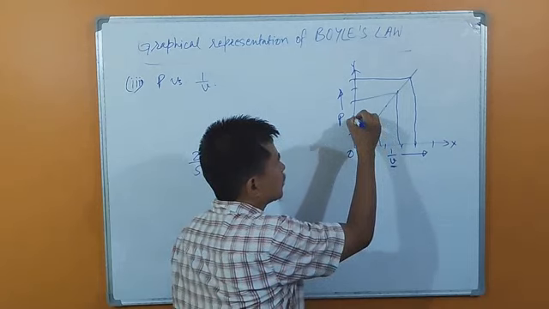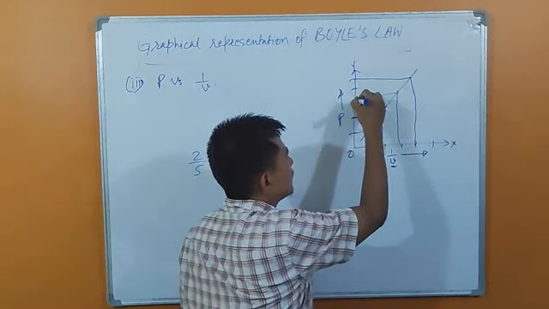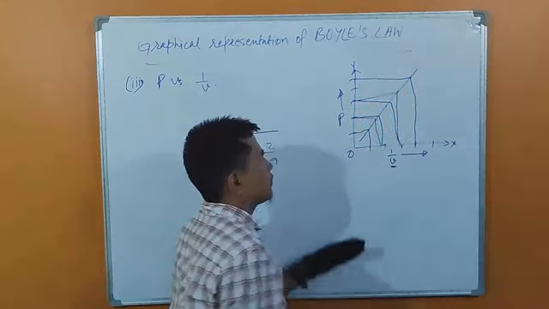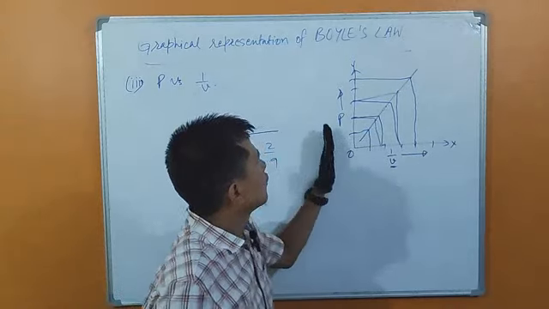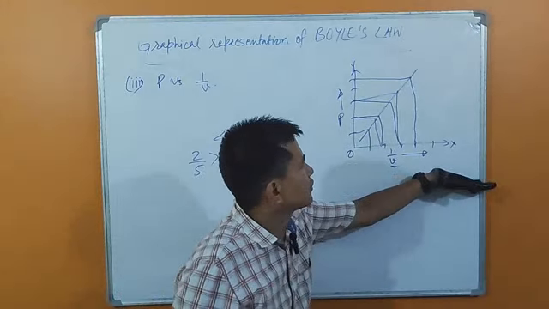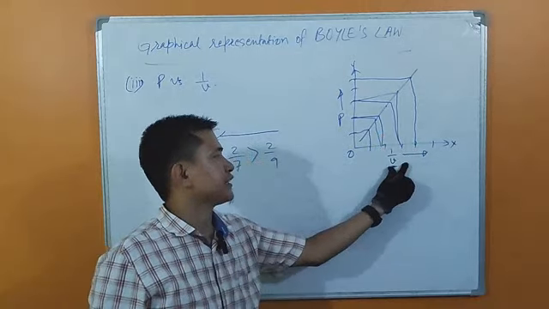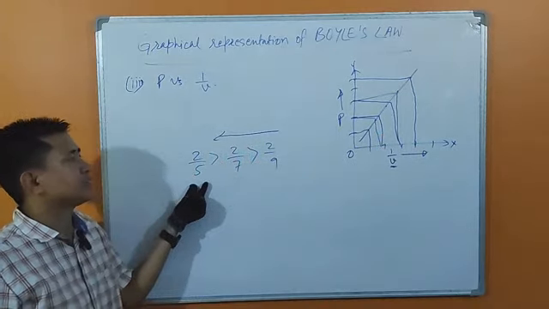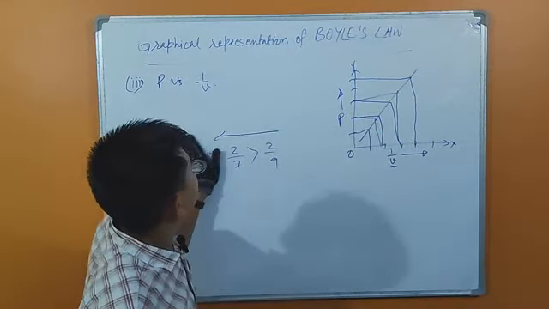When pressure is 2, 1 upon V is 2. Okay, suppose. When pressure is 3, 1 upon V is somewhere like this. Means when pressure increases, 1 upon V also increases. 1 upon V increases means volume decreases, because denominator has to decrease in order to increase the fractional value. I hope you got this.